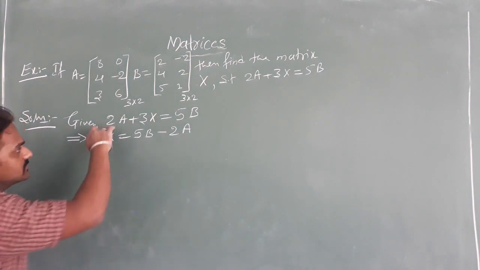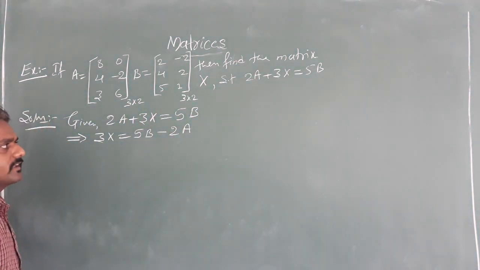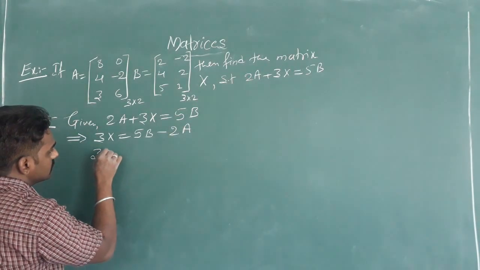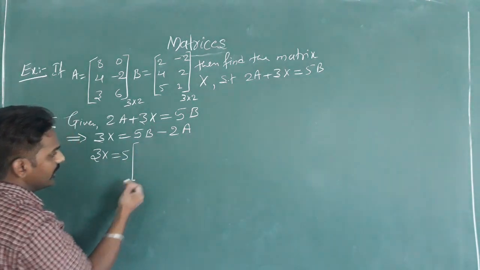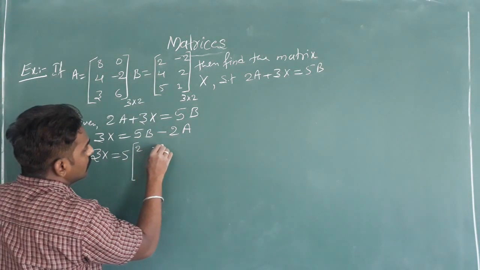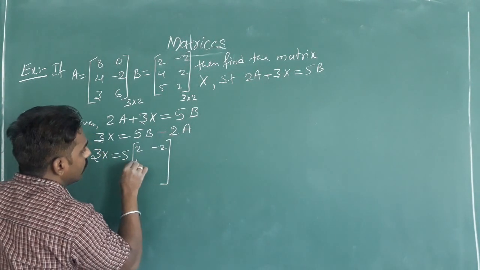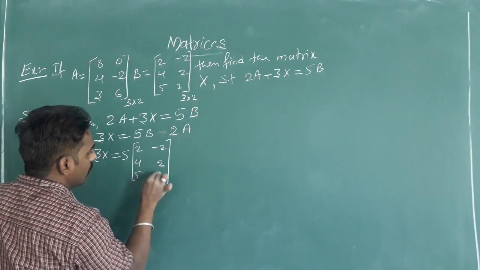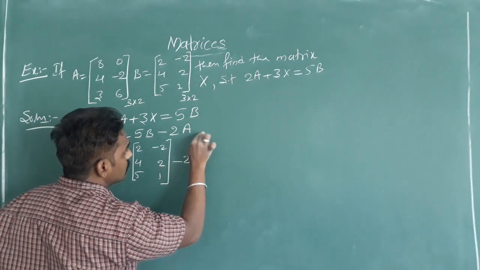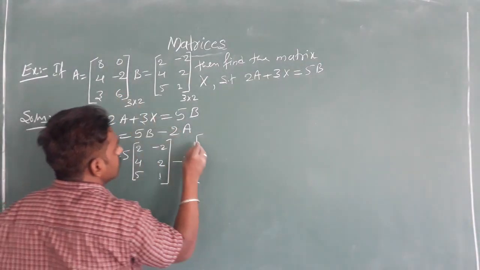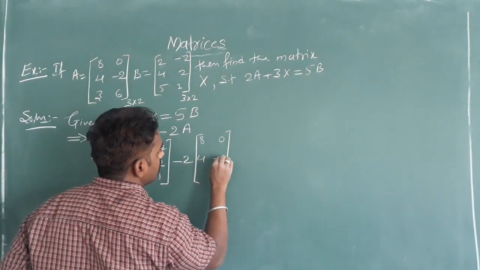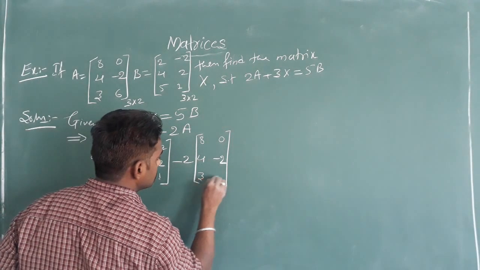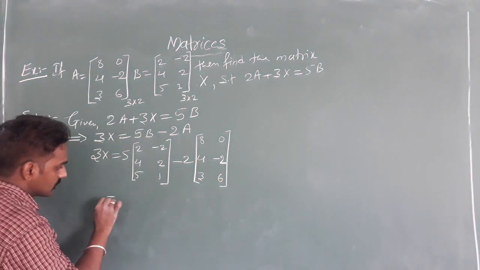Yes, we can, just transferring the 2A to the right of the 3X. So 3X equals 5 into B, that is 5 into the given matrix 2 minus 2, 4, 2, 5, 1, minus 2 into the given matrix A, that is 8, 0, 4 minus 2, 3, 6.